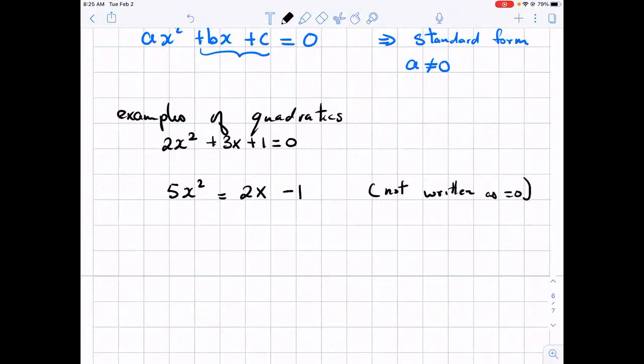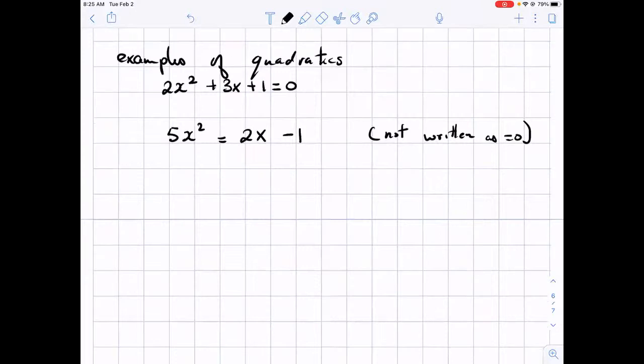So when we solve this, you will have to see what I mean by this here. So just put a star here for now. Or we can have 2x squared equals 24. Here the b term is 0.